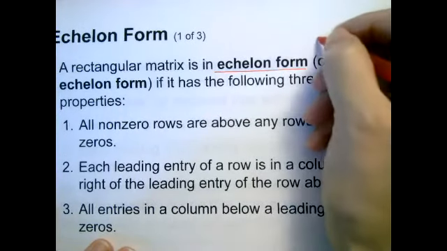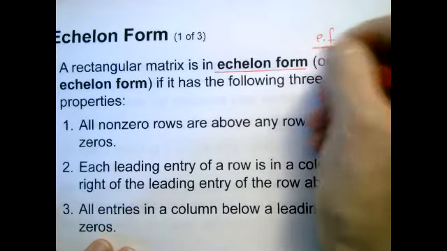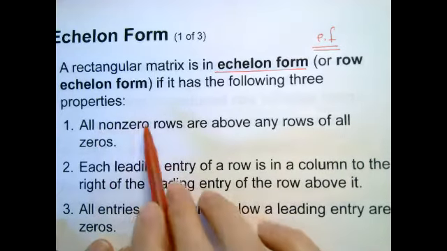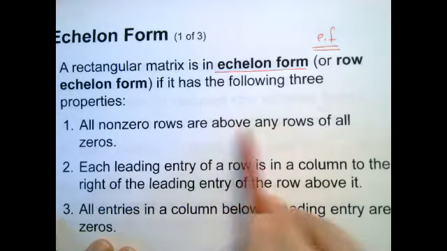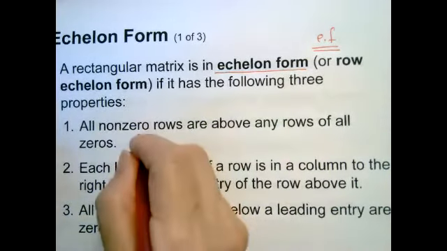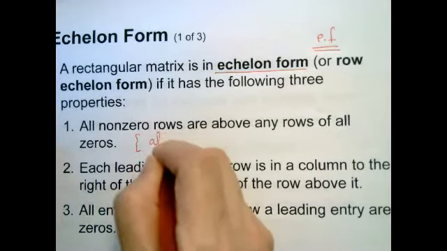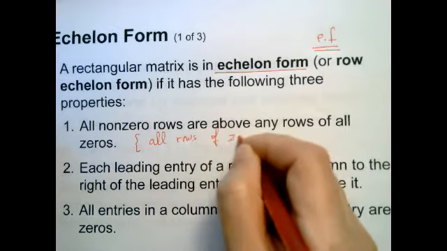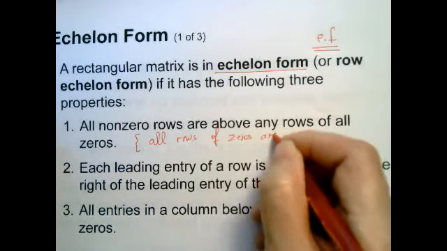Echelon form, which a lot of time I will abbreviate to EF, if it has the following 3 properties. First, all non-zero rows are above any rows of all 0.